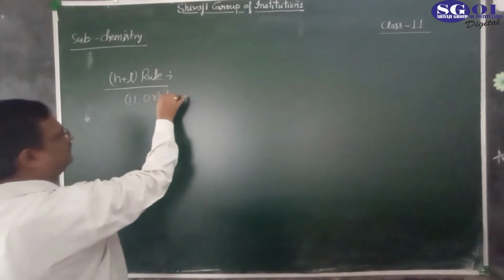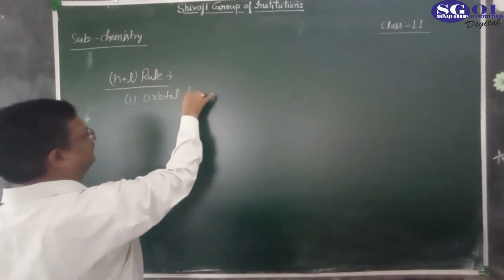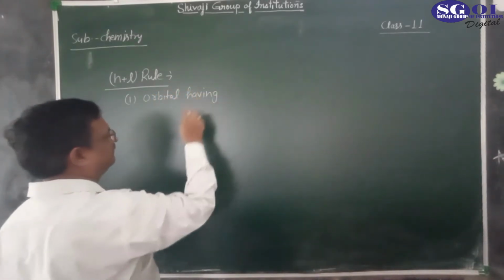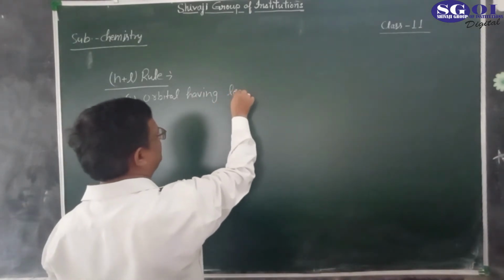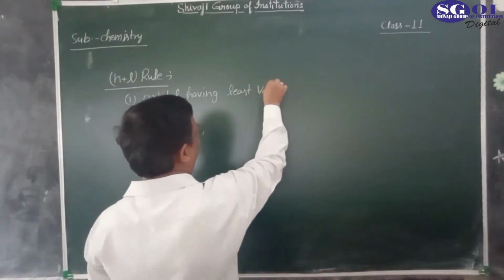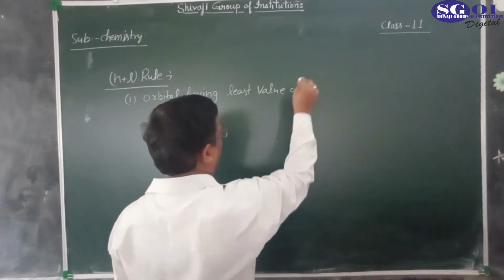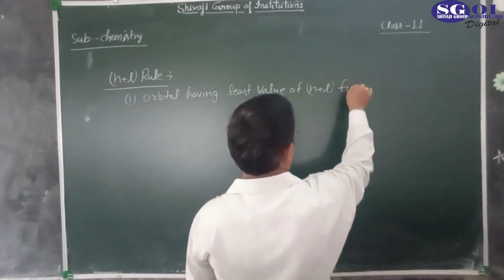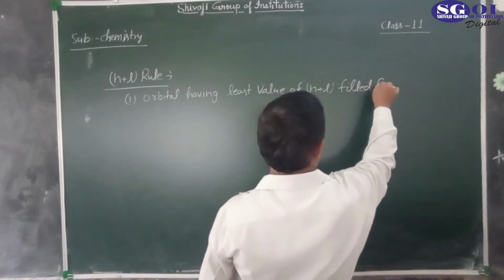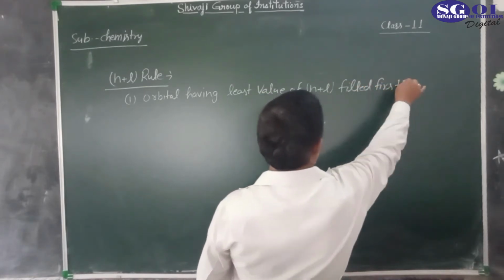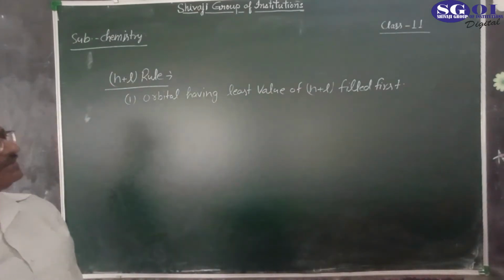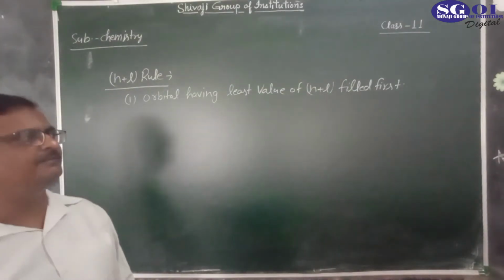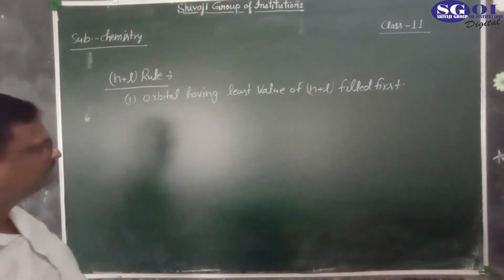Rule 1: the orbital having the least value of n plus l is filled first.